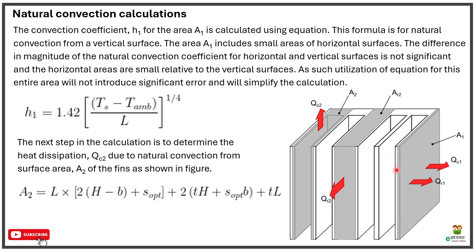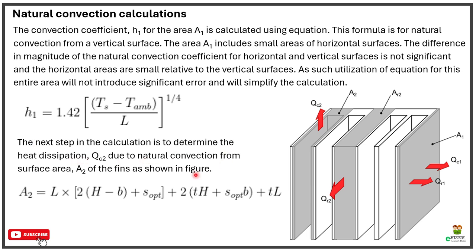The difference in the magnitude of the natural convection coefficient for horizontal and vertical surfaces is not so significant, and the horizontal areas are smaller relative to vertical surfaces. So utilization of this equation for the entire area will not introduce significant error and will simplify the calculation.